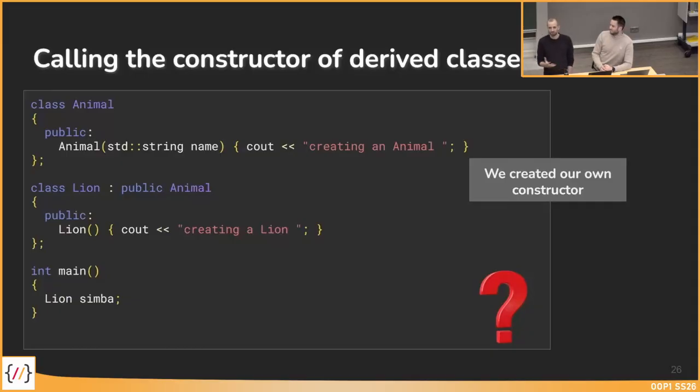Any of you want to say why this ends in a compiler error and this is correct? Yeah, it has to create the animal first, but we don't hand over a name for the animal, so the constructor cannot be found.